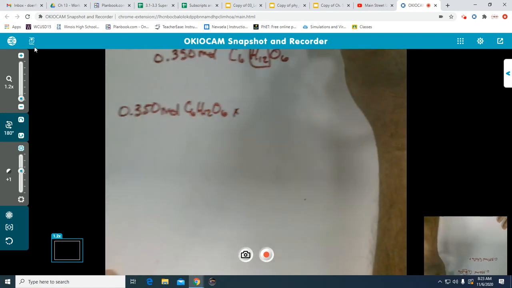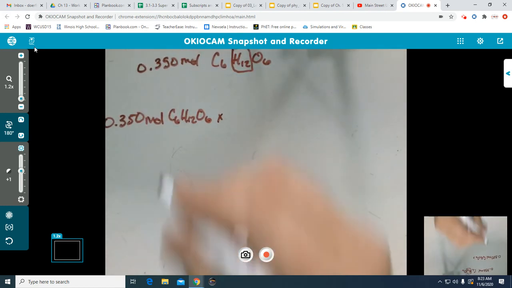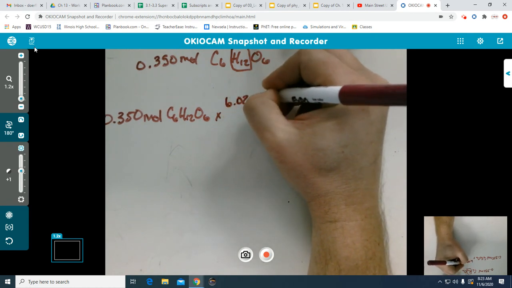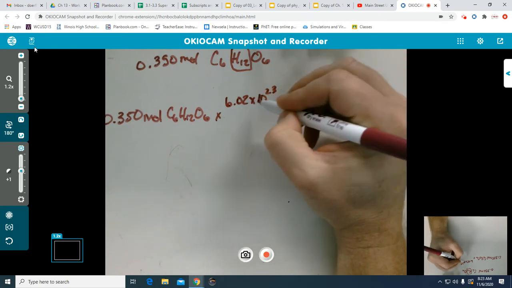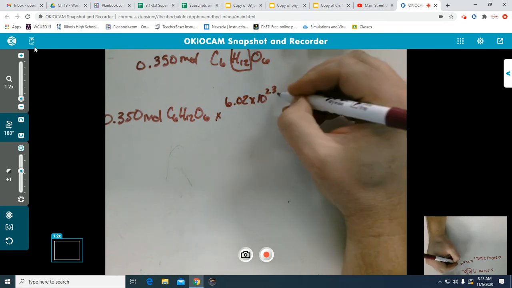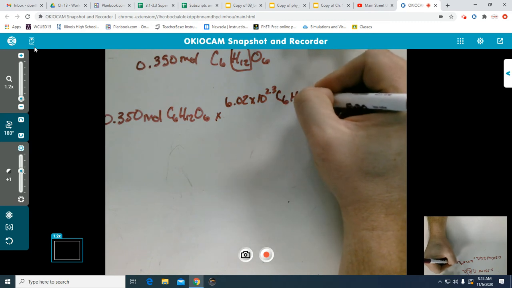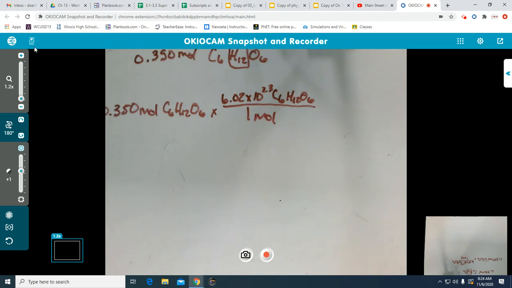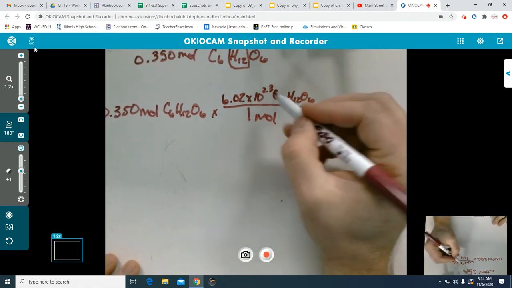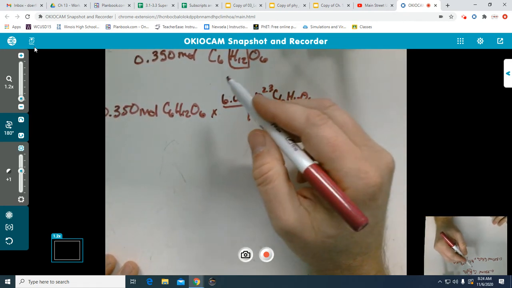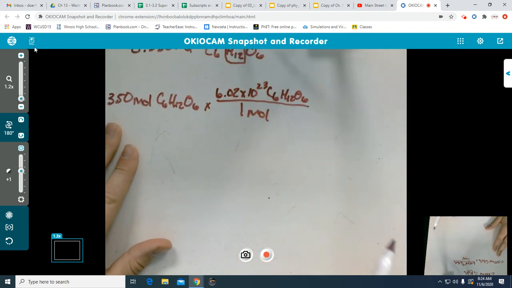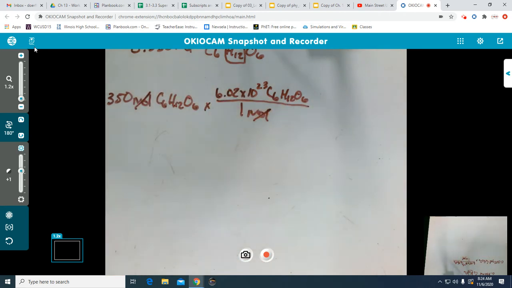And so in Avogadro's number, we have 6.02 times 10 to the 23rd, okay? And we have C6H12O6, and that would be 1 mole. So if we had 1 mole, we would have this, okay? But again, we've only got this, so that's going to come into play. Okay, so that allows for moles to cancel out, okay?